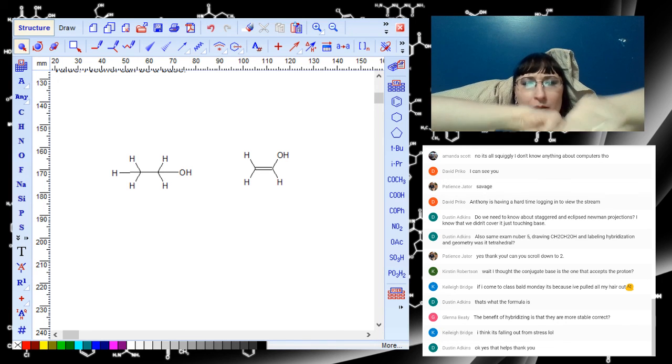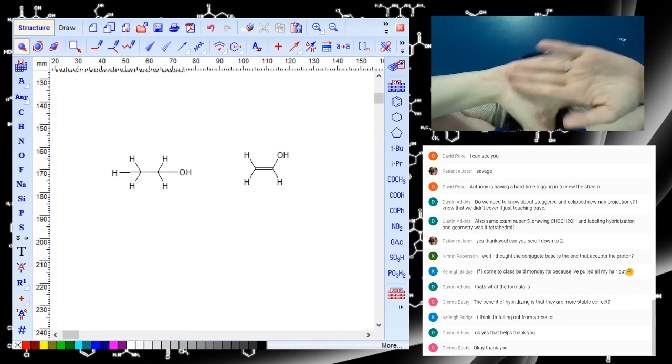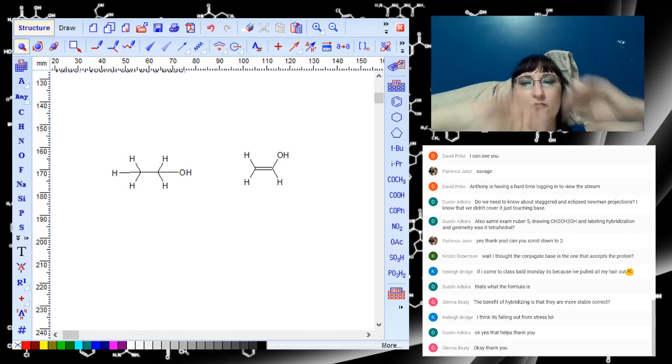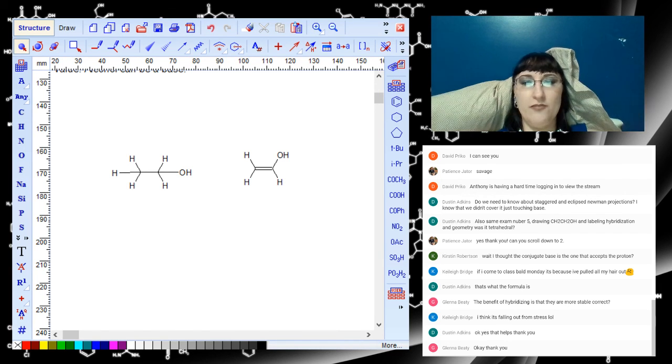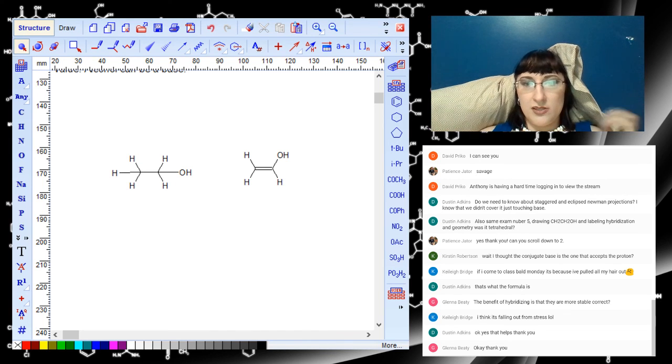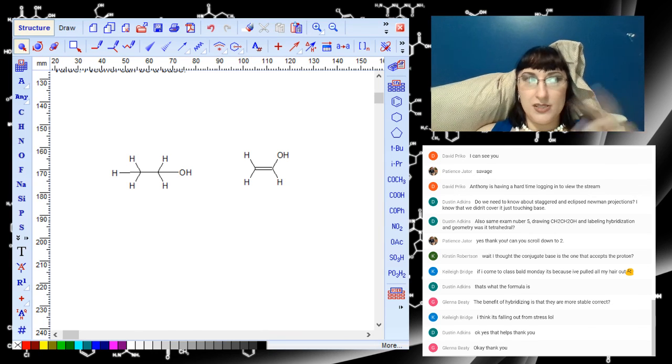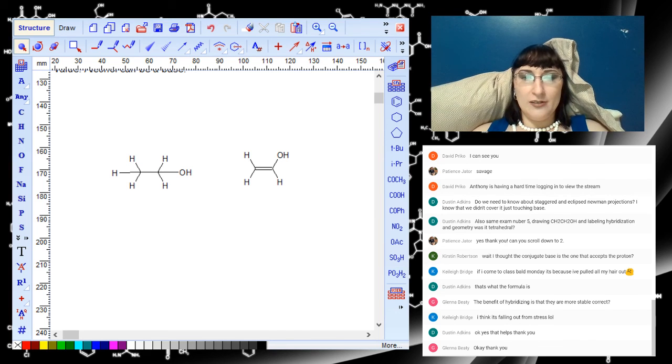Like if you think about big balloons overlapping, there's more overlap surface area if they have rounder orbitals because they have higher s character. So that's why the triple bonds are the strongest. Double bonds and single bonds are the weakest. That said, they're still really strong bonds, right? Carbon-carbon bonds in general are really strong.